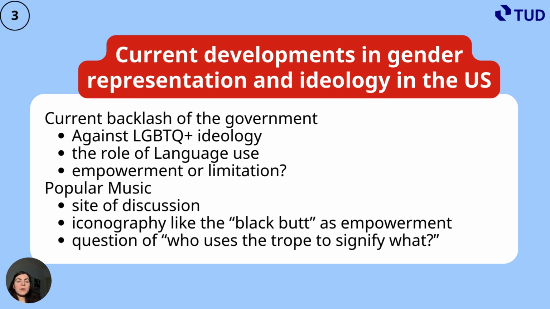And then we had the topic of popular music as a site of discussion where iconographies like the black butt are used as empowerment. A question that we can ask is who uses the trope, in this case the black butt, to signify what? Is it used from a white Western perspective to oppress people, to make them inferior, or is it used by people from this Black community to represent themselves and show, well, actually, we use your symbols and use them against you because we use them for us instead of against us?